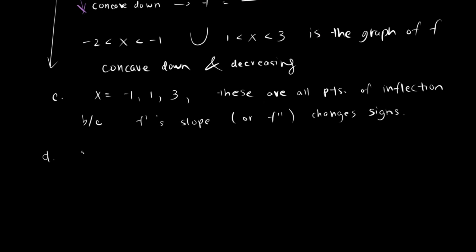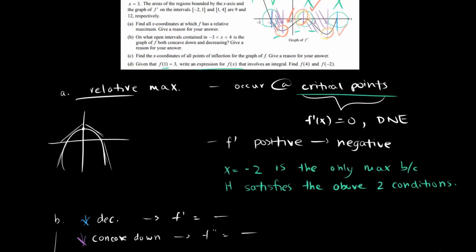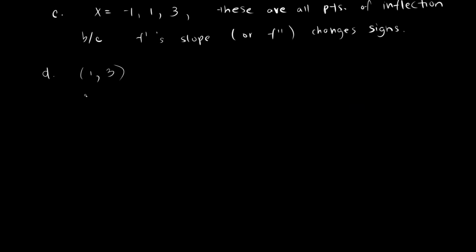So part D, our initial condition is the point 1, 3. When x is equal to 1, y is equal to 3, right? Yes. So our expression is 3 plus the integral from 1 to x of f prime of a different variable t dt.